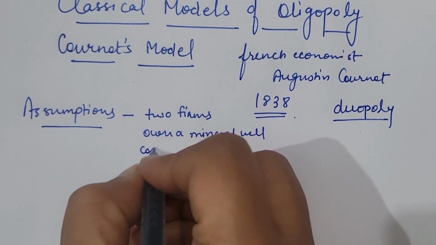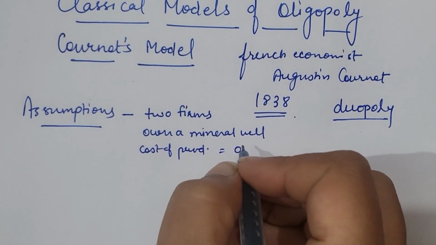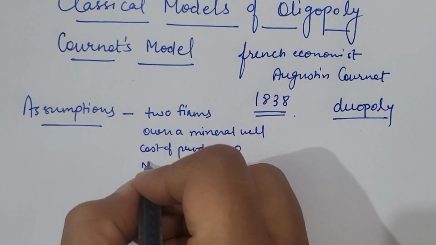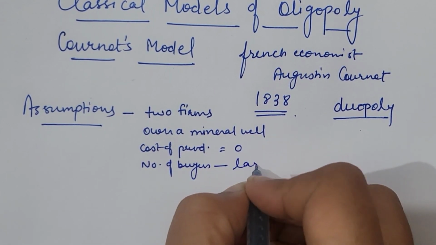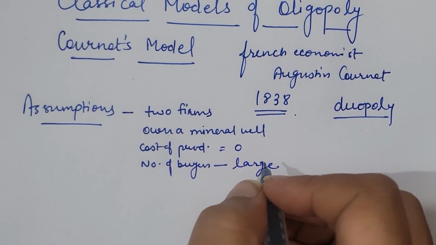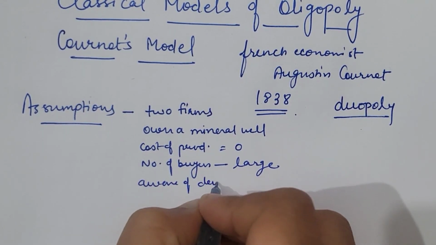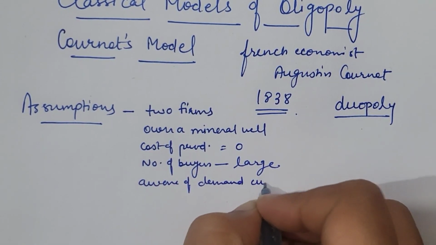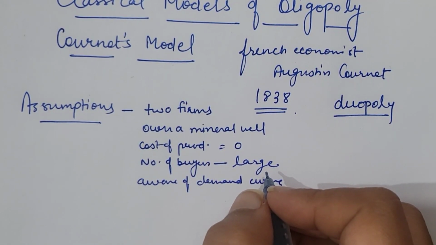Cost of production would be 0 for each firm. Next, number of buyers would be large. And each firm is aware of demand curve. Both the firms know that demand curve is a straight line demand curve.